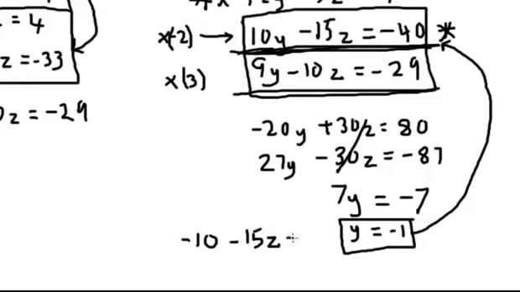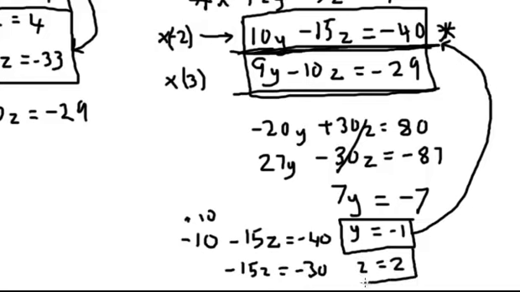That equals -40. So I will add 10 to both sides. I will have -15z equals -30. If I divide both sides by -15, I'll have z equals 2. Great, so I've got y and z.